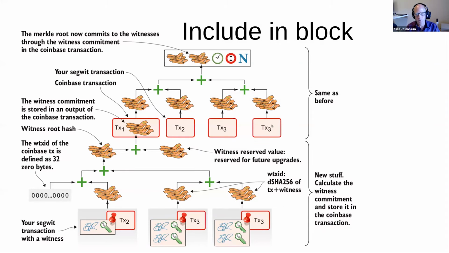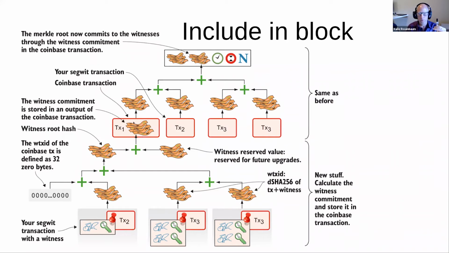The only difference is this hash right here in the Coinbase. And this hash is stored in a specific output in the Coinbase. It's a new output. It's not in the reward output. It's in a second output.